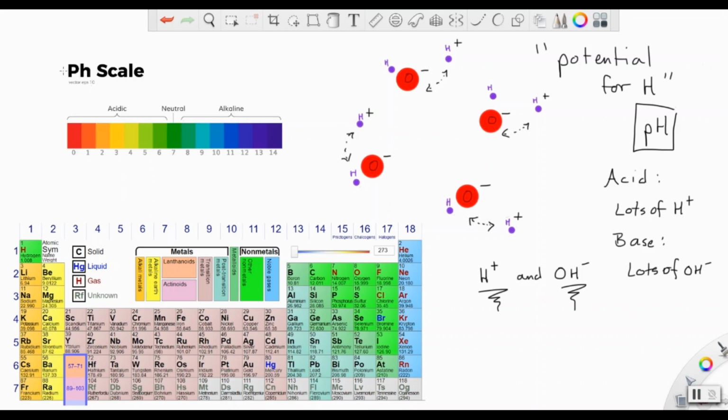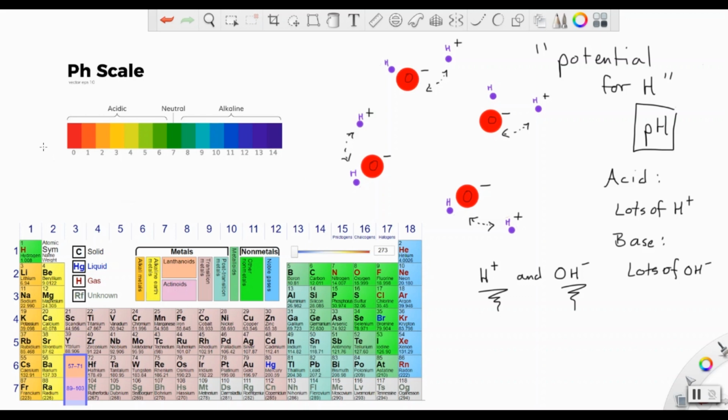So here we have our pH scale, and there's actually some meaning to these colors. Although it's a little harder to read in real life, there is something called litmus paper, and if you dip the litmus paper into your chemical, then the coloration actually tells you which level of pH that particular chemical is. This scale goes from 0 to 14.